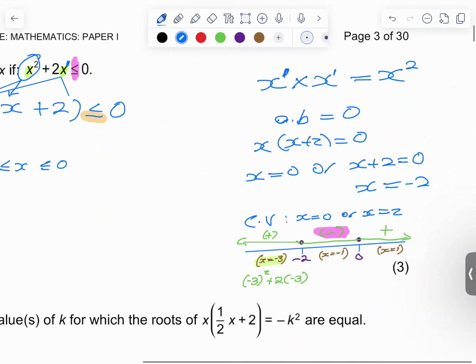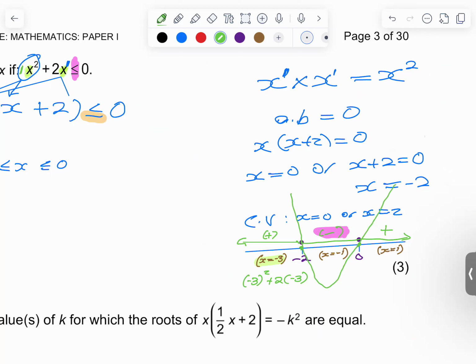Another method that most of you get taught, which normally works, they'll tell you to look at the value of a. If it's positive, then you draw a parabola graph which passes through your critical points. It'll pass through -2 and 0.